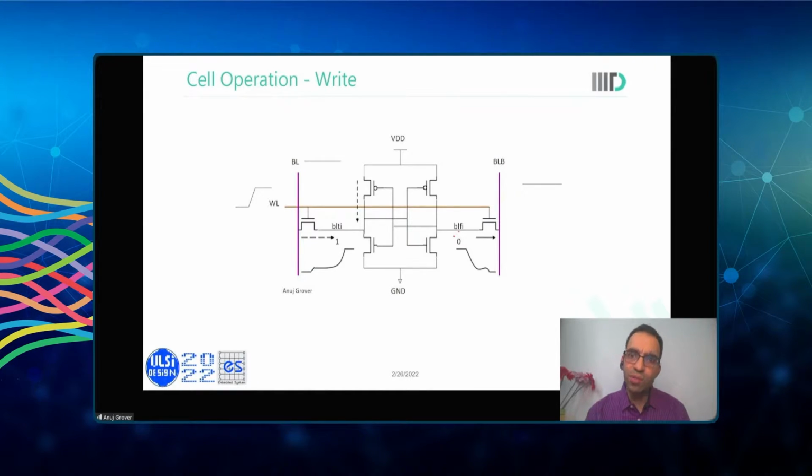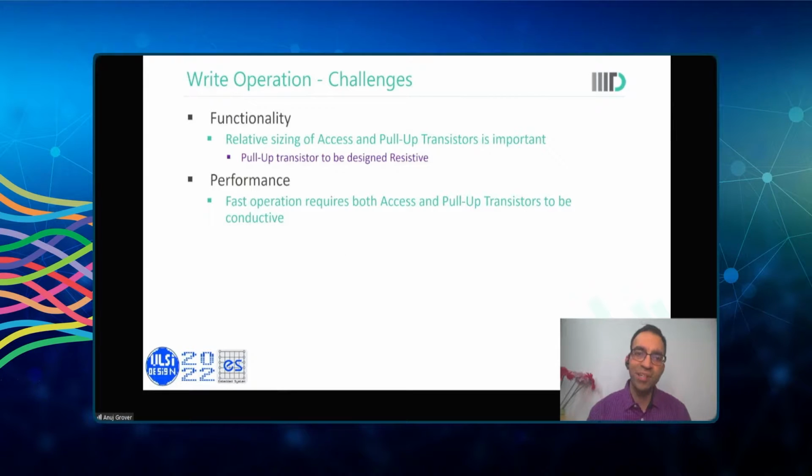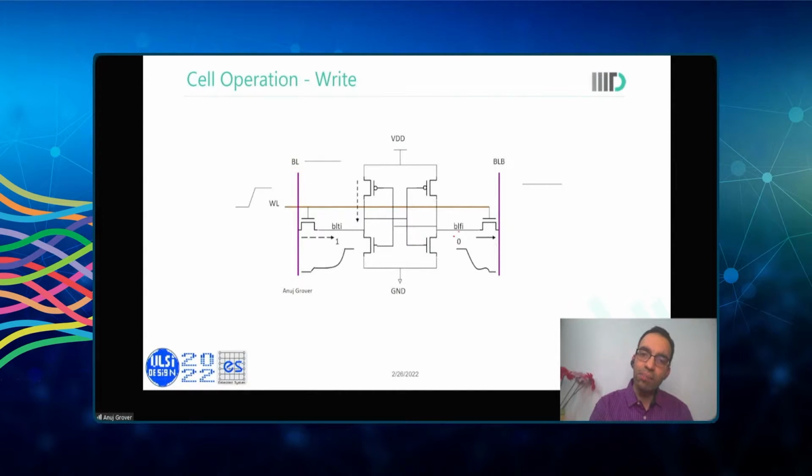This also appears to be simple. However, there is a challenge here too. The challenge is that we want to be able to accomplish this write operation successfully. We want that any current that is coming from this pull-up device should be less than the current that we are discharging through the excess transistor. So there is a ratioed sizing of the pull-up device and the excess transistor that is required.